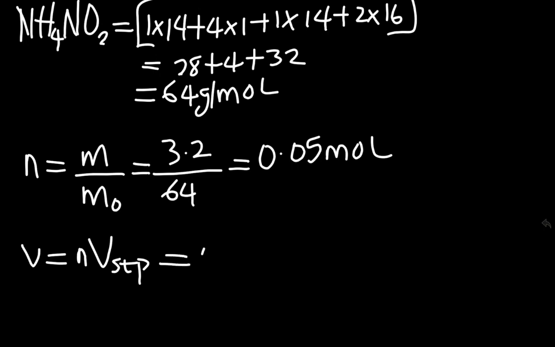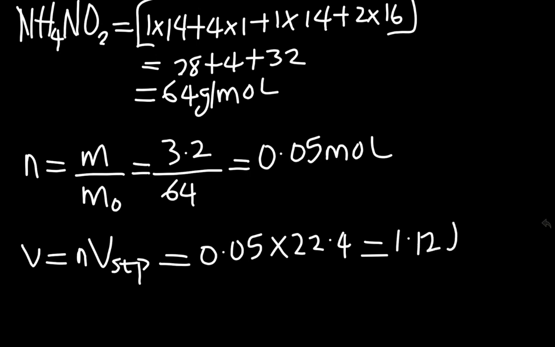In this case, our mole is 0.05 and our volume at STP is the standard volume, and the value is 22.4 dm cube actually, but you just write 22.4 here. Now if you multiply this 0.05 times 22.4, you arrive at 1.12 dm cube. So your answer now is 1.12 dm cube.